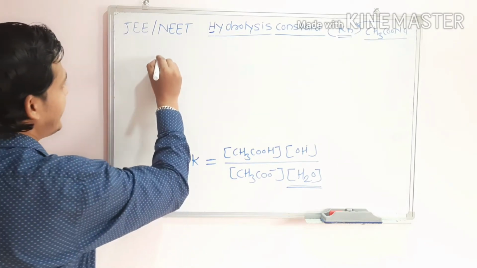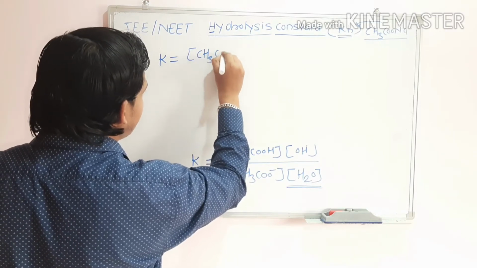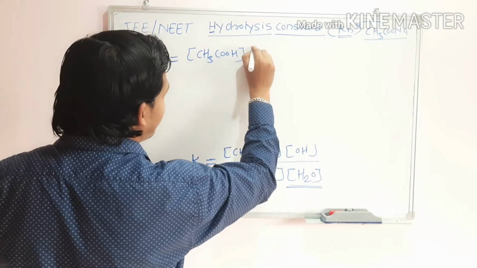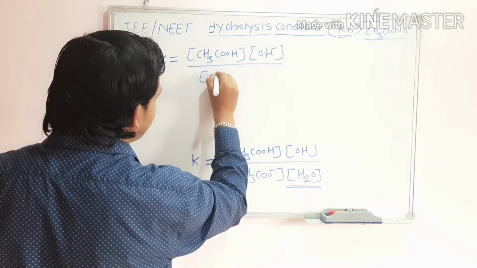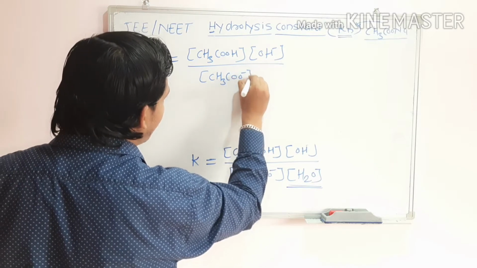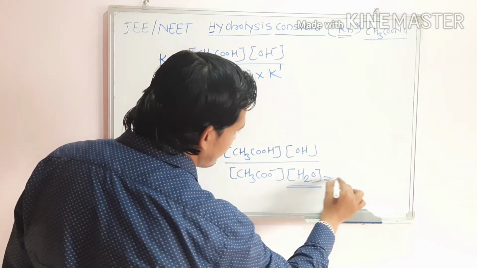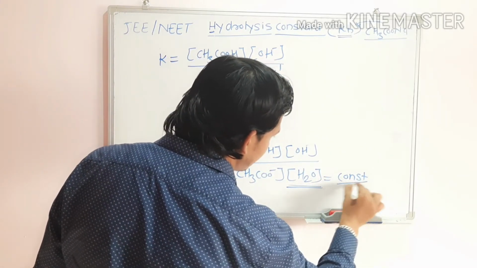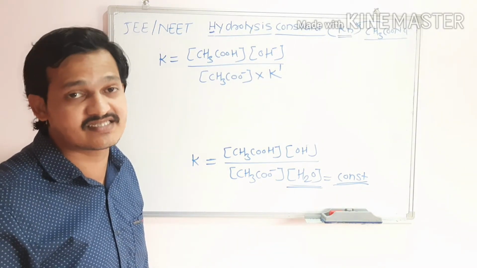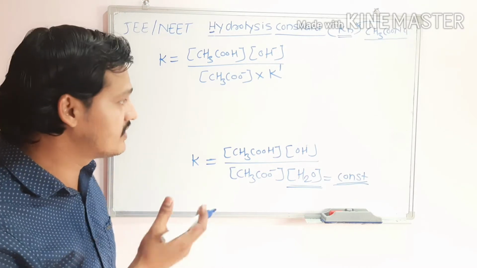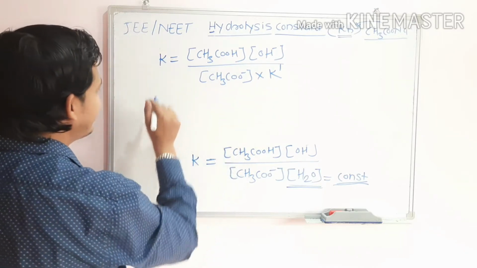So we have to write K is equal to CH3COOH in bracket, OH minus, divided by CH3COO minus, into K dash, because the concentration of water remains constant. We studied it in the ionic product of water point. So K dash into K.